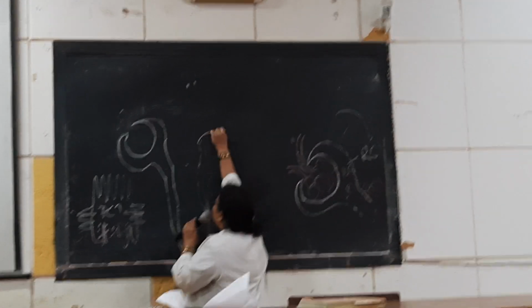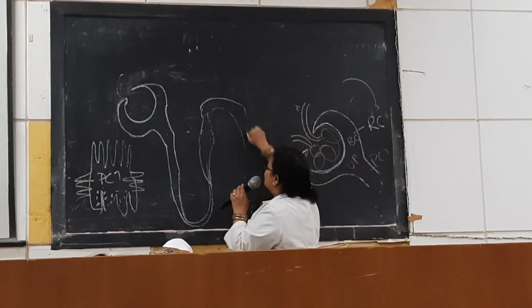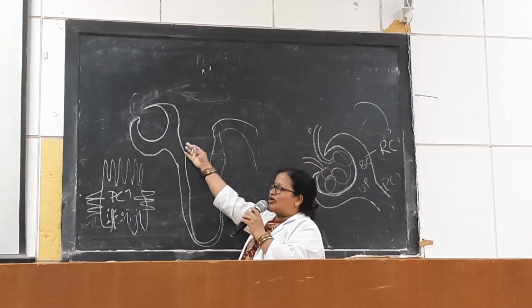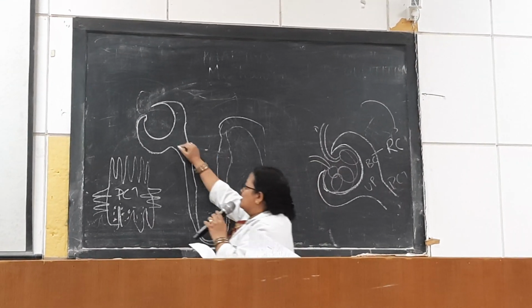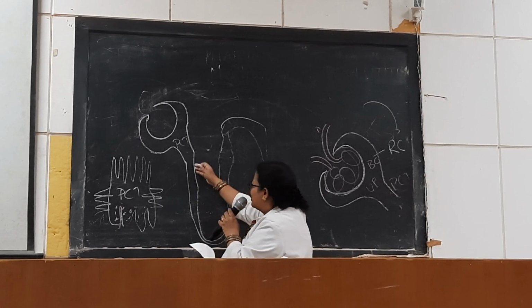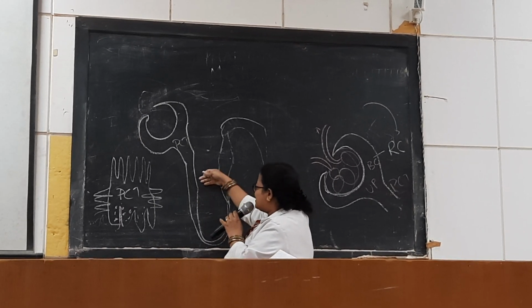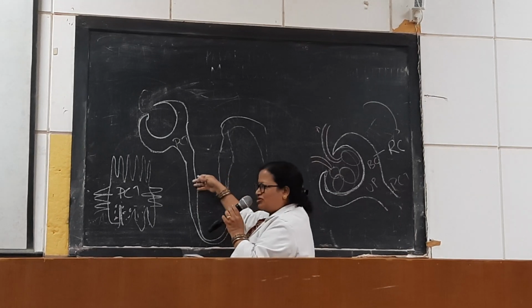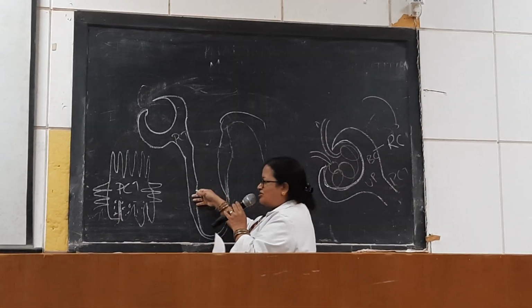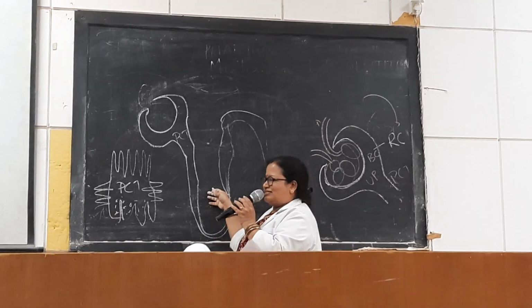Sodium and water are absorbed everywhere, but maximum water is absorbed in the PCTs. In Henle's loop, the descending limb doesn't absorb water, only the ascending limb absorbs water. The sodium also gets inside and potassium is secreted.